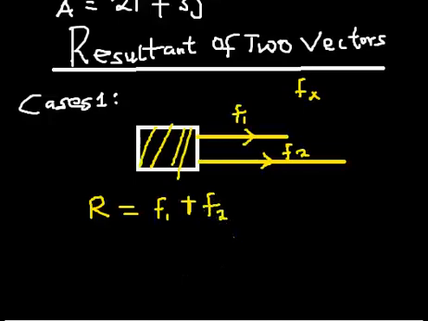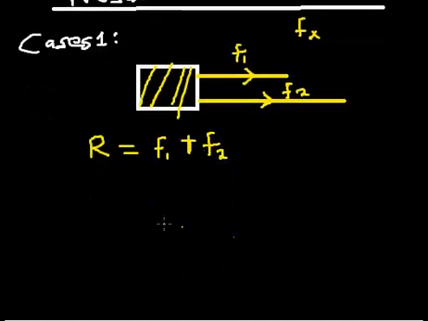They are acting in the same direction, so I have to add them up. The sum of adding these two vectors together gives me what I have here as R. So please take note of that.